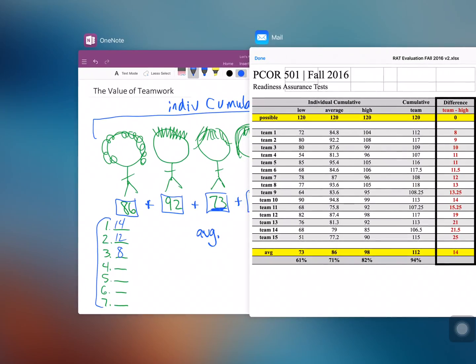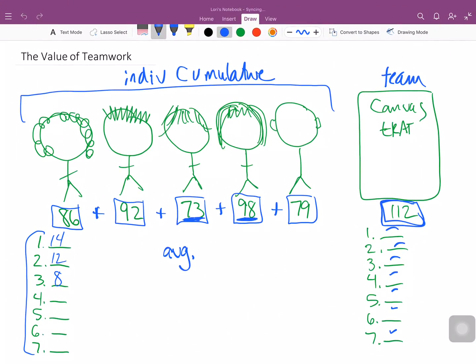So if we go back to the value of teamwork, that showed up in your team assignments as well, where you weren't just scoring something very objective, but were also doing a number of different projects and did a much better job on those than individuals can usually do by themselves.